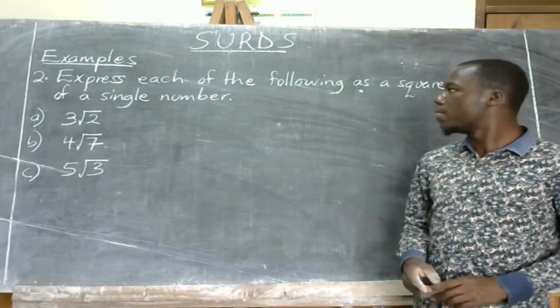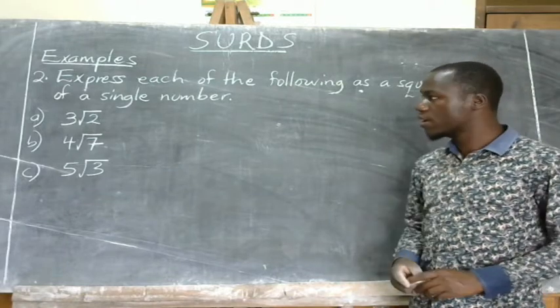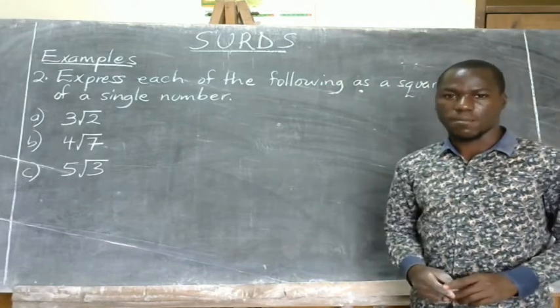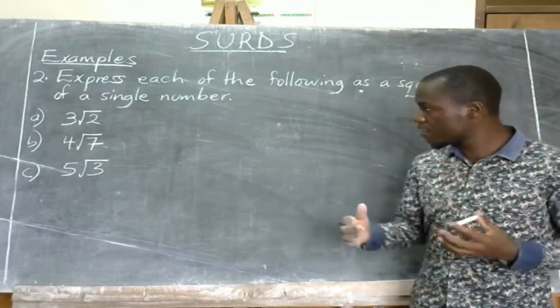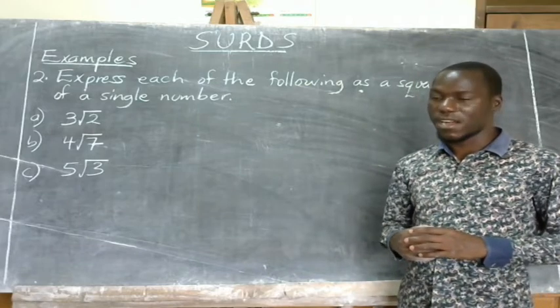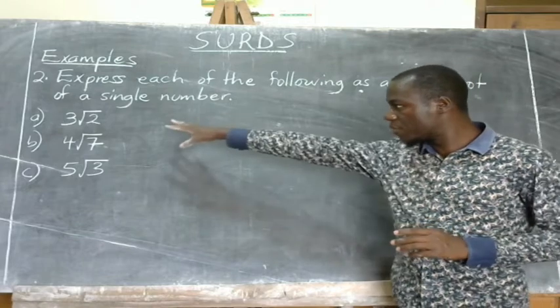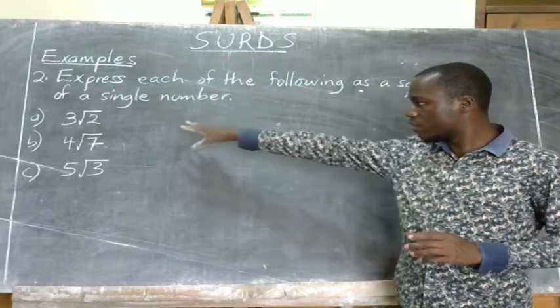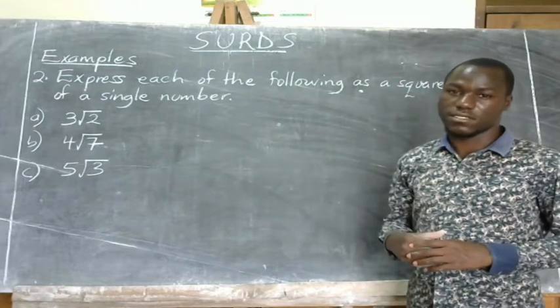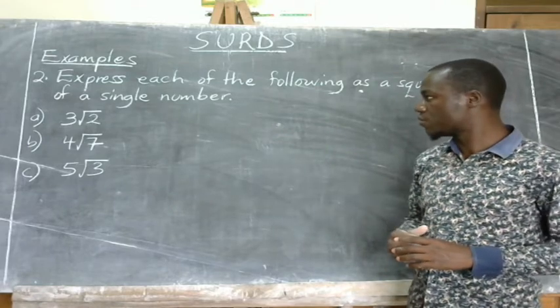Example 2. Express each of the following as a square root of a single number. Now we have been removing part of the square root number. Now we have been given those to take them back as a single square root.